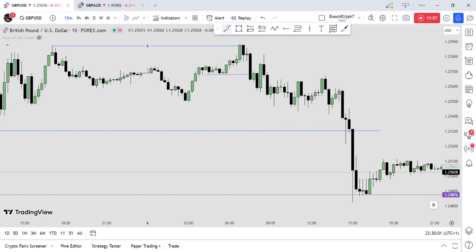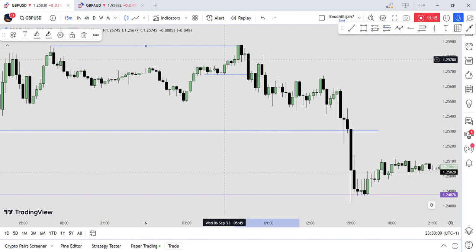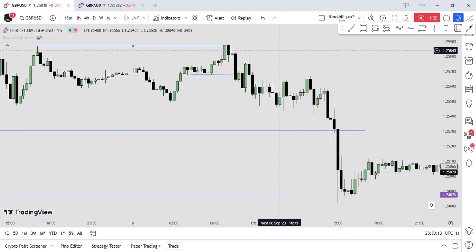And so when this happened, I set a limit order for sell right here, at the low of this upward candle, because I don't want to miss a good move just because the risk to reward ratio doesn't have much effect.